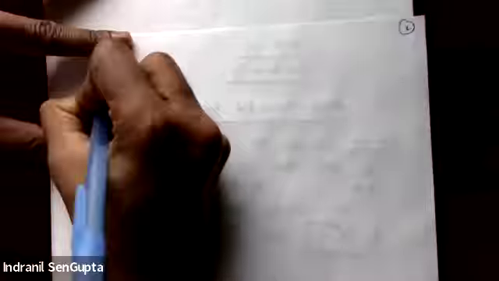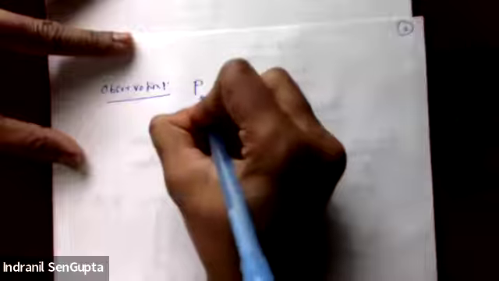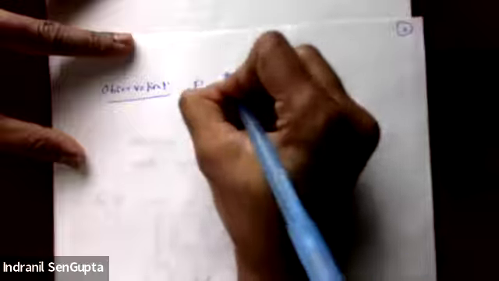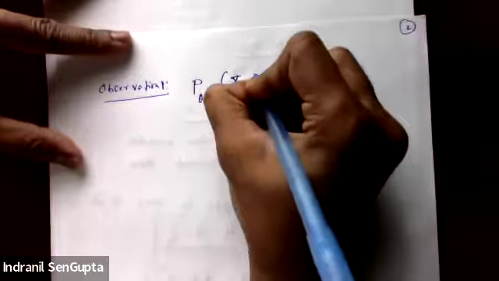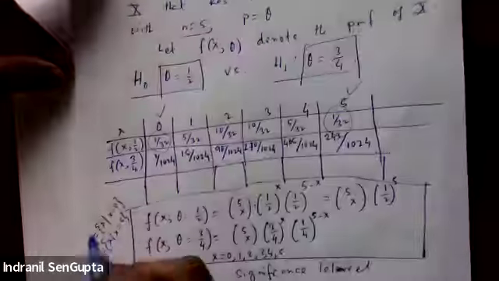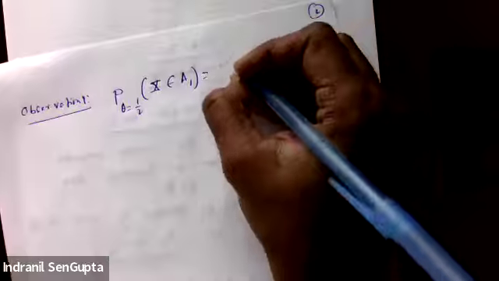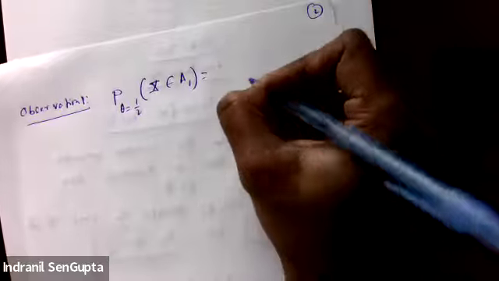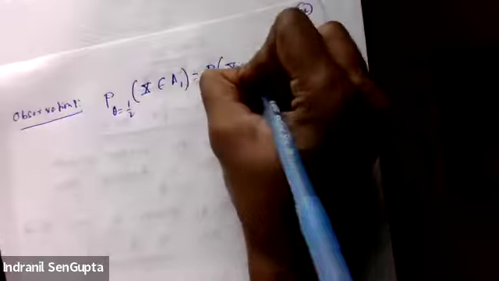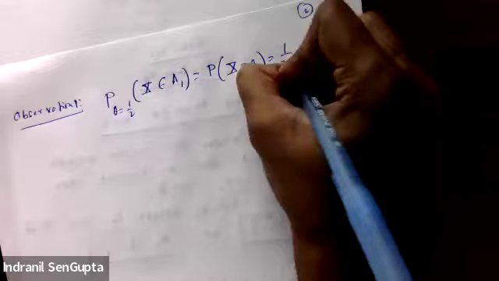Observation 1. Observe what I just said. The probability, with theta equals 1/2, of x in A1, where A1 is x equals 0, is the same as the probability of x equals 0, which equals 1/32.